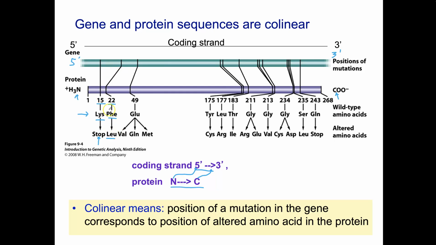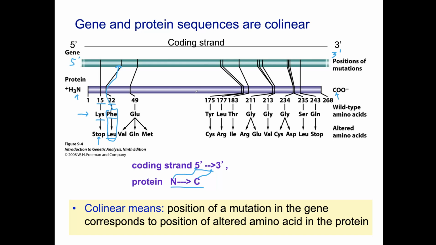You can make a connection between the position of an amino acid that is mutated in a protein and the position of the DNA where the change has taken place. There's a correspondence between the two. They line up with one another. And this will seem probably obvious to you, especially if you already kind of know how this stuff works.